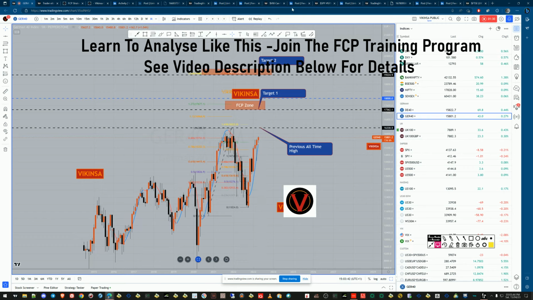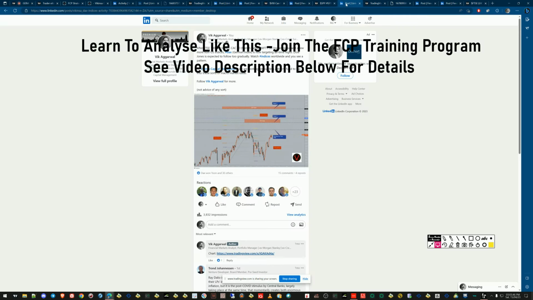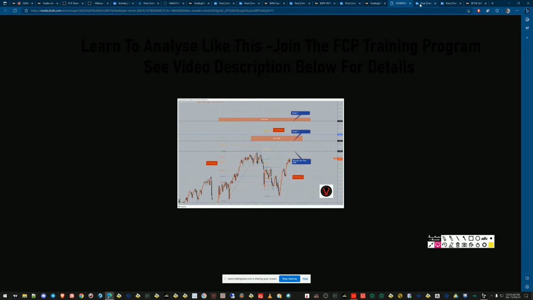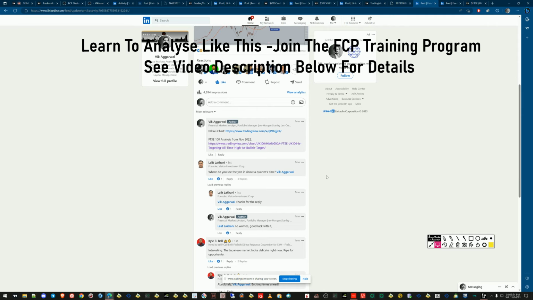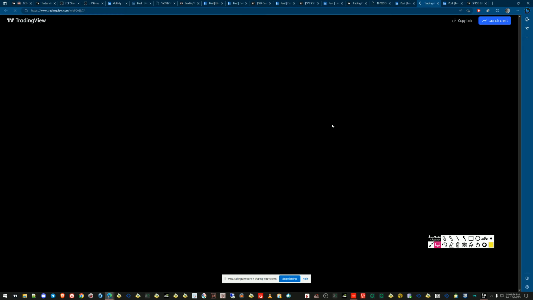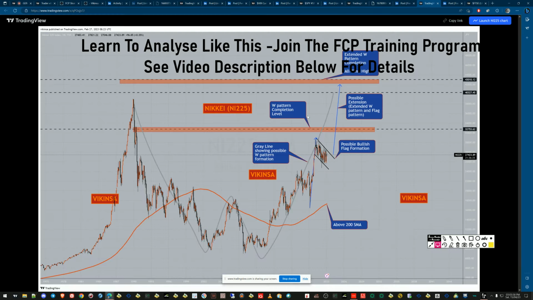Now, the next one that I wanted to show you is the Nikkei. This is the Nikkei chart, and this was the post, and this is the chart. We could see around here, I posted this on Feb 27, 2023.